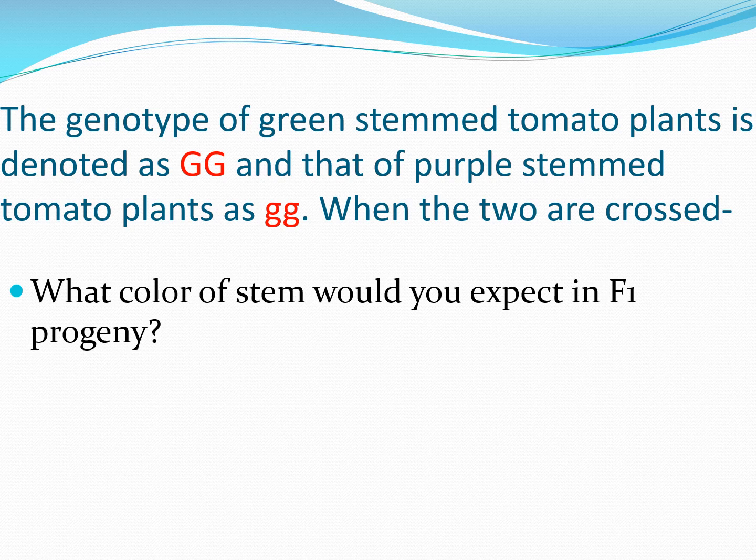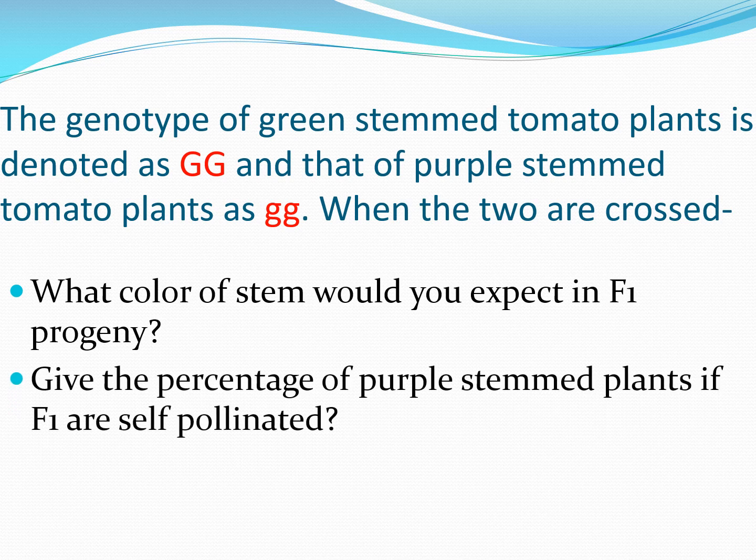So in F1 you will get capital G, small g, that is nothing but a green stemmed tomato plant. So the answer to what color of stem would you expect in F1 progeny is green stem. Second question, give the percentage of purple stemmed plants if F1 are self-pollinated.